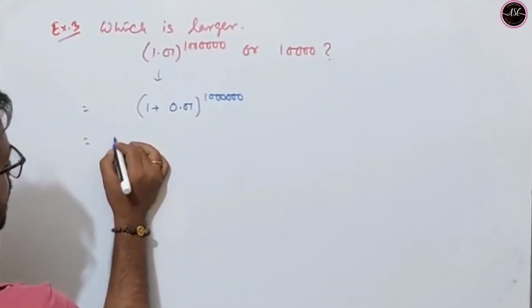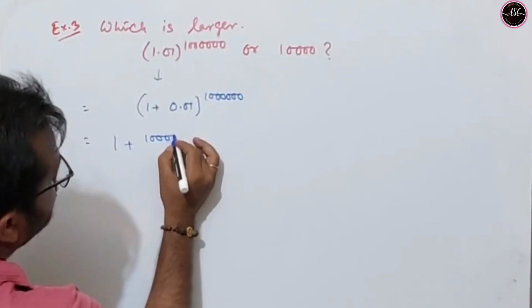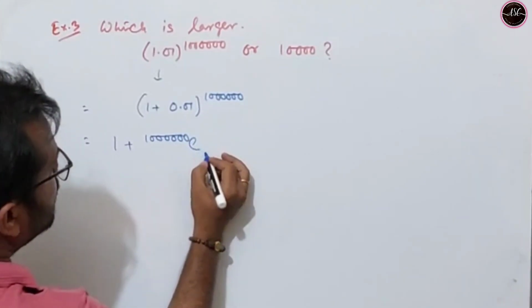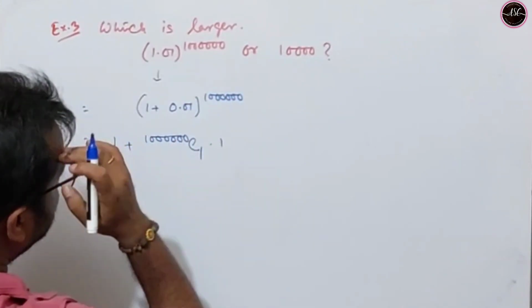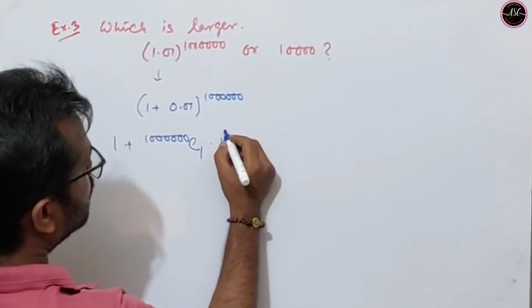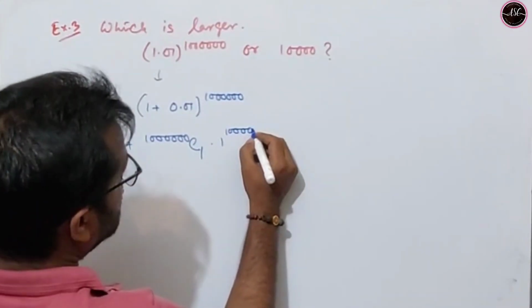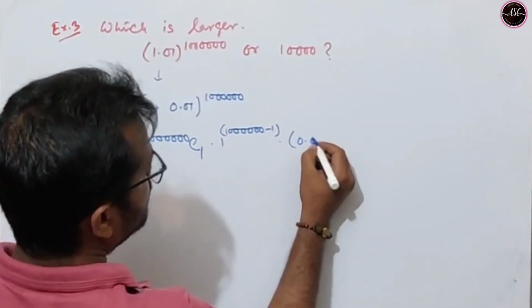We get here first term will be 1 and then 10 lakh C1 into 1 to the power that minus 1, dot 0.01.